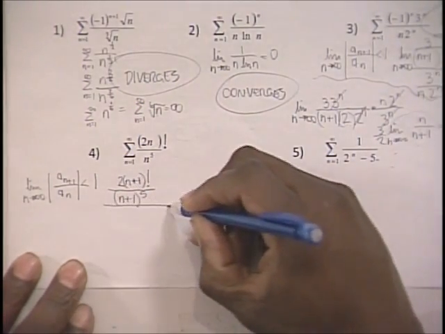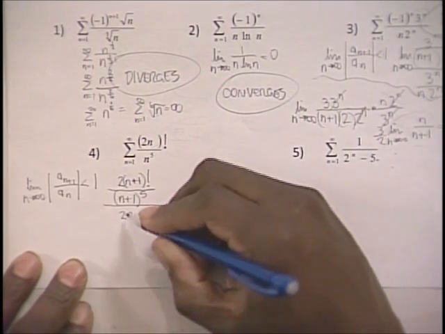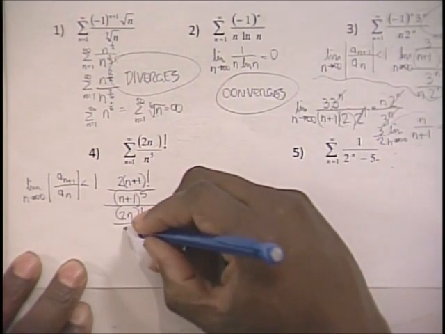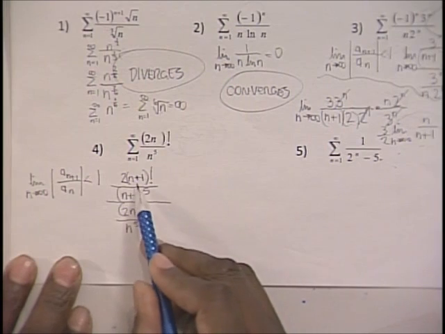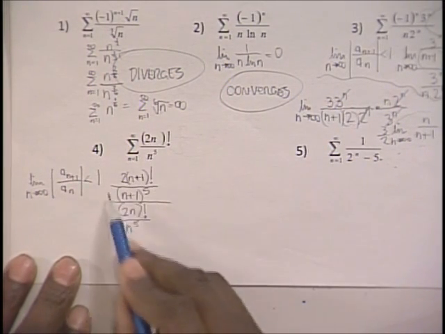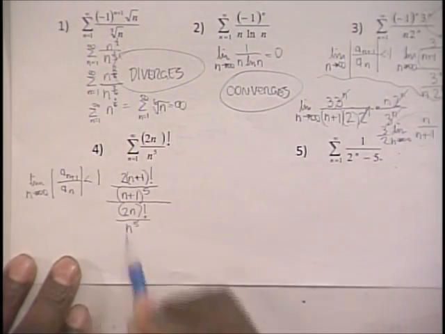That is over this same series, 2 to the 2n factorial over n to the 5th. All right? The only thing I did was substitute in n plus 1. I put in n plus 1 here, n plus 1 there. That's my numerator, and then I kept the series the same in the denominator.